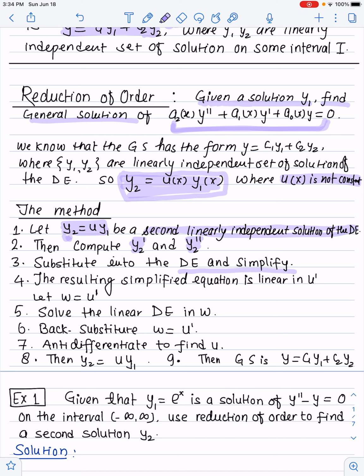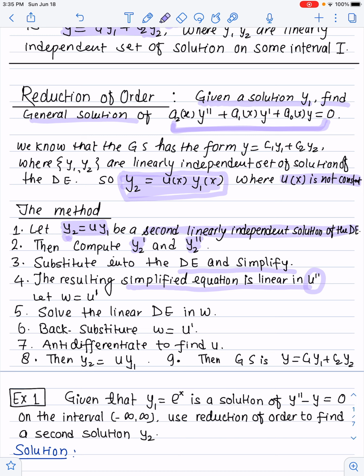The resulting simplified equation is linear in u prime, or u double prime, or you can say just linear in u.